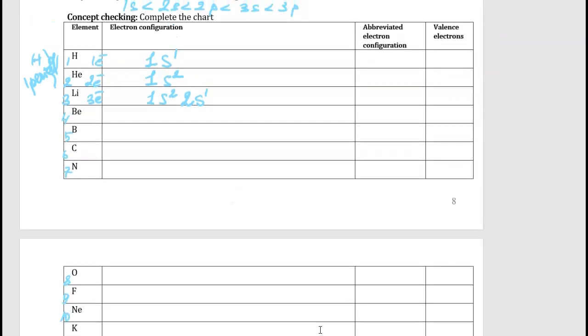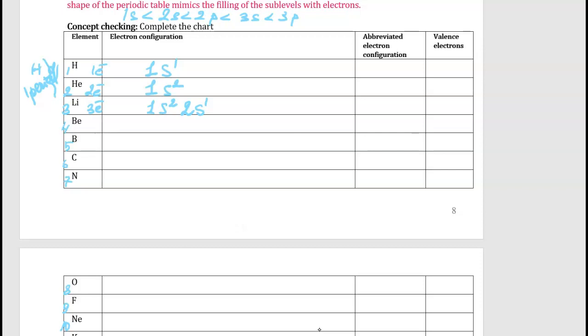Okay, so beryllium has 1s2, 2s, the same as lithium, but it has 1 electron more, and it goes on the S subshell on the second level. So the beryllium configuration is 1s2, 2s2, and you will read it like this.